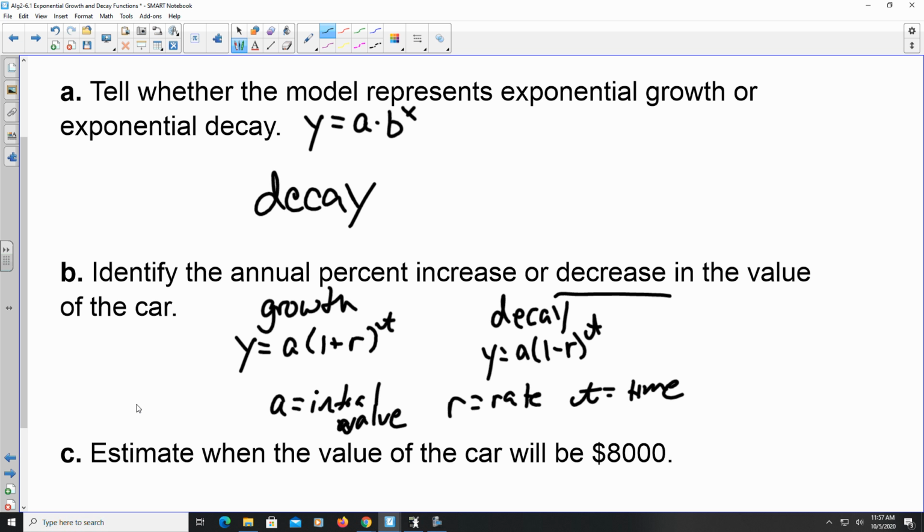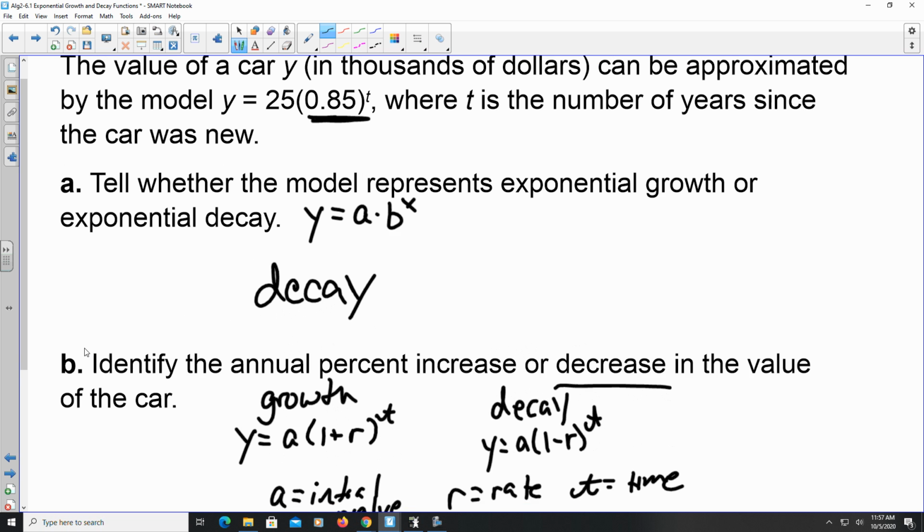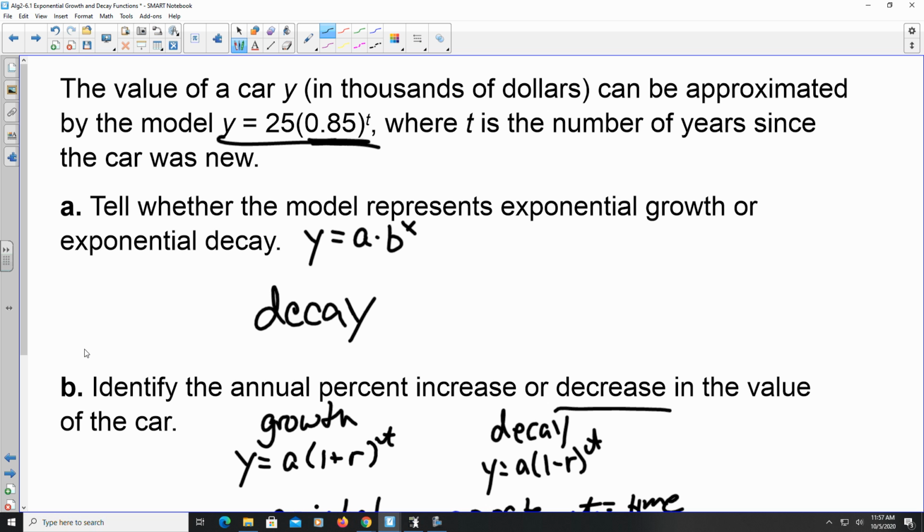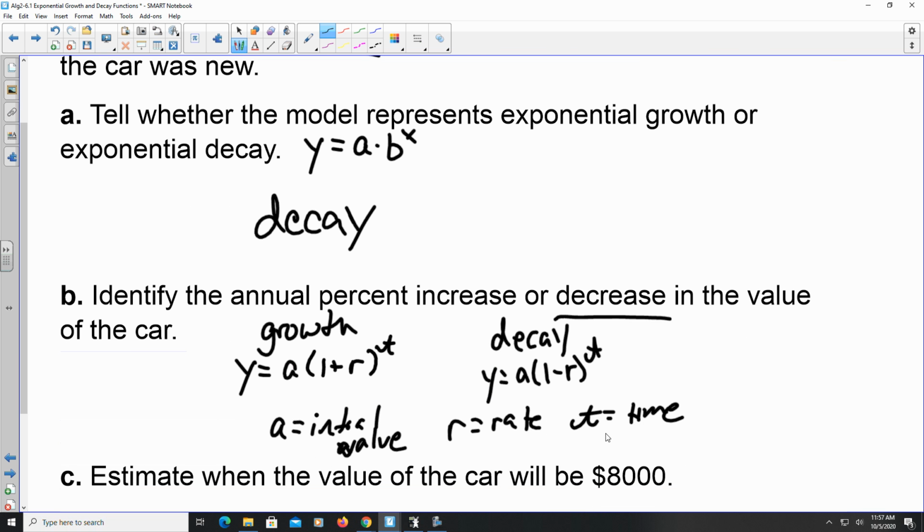Looking at the formula that they gave us, because it's decreasing, I know that 1 minus r is going to equal 0.85.